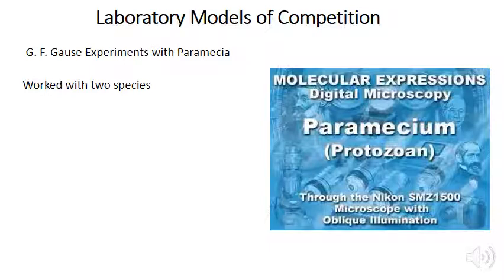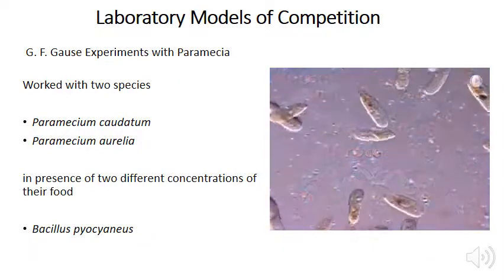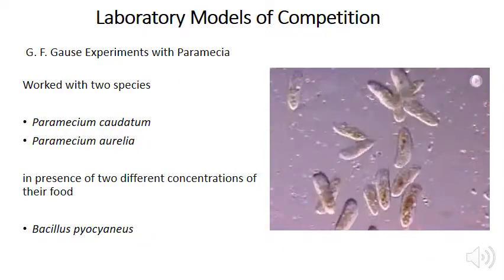So Gause worked with two species of paramecia, Paramecium caudatum and Paramecium aurelia, and he grew those species in the presence of two different concentrations of their food, which is the bacteria Bacillus pyocyaneus.